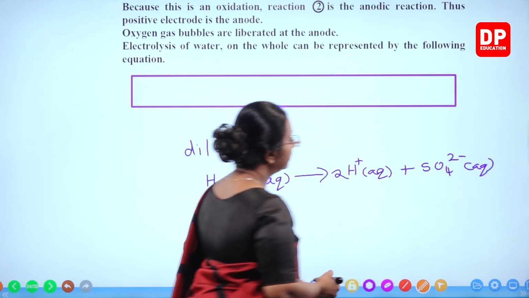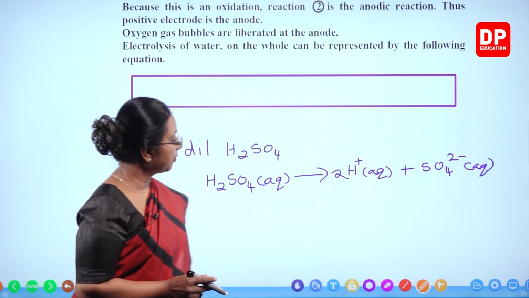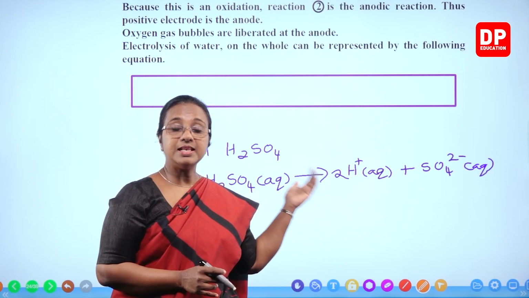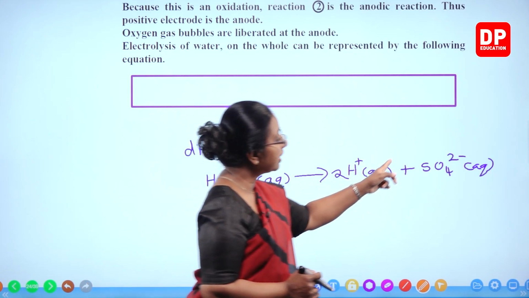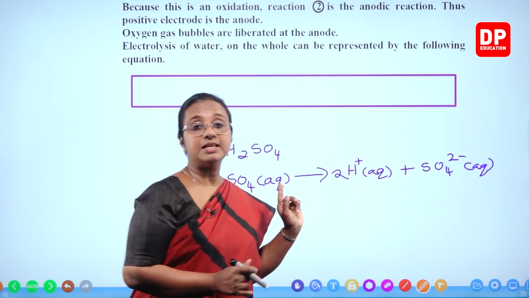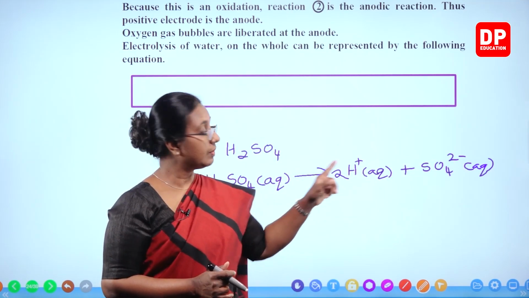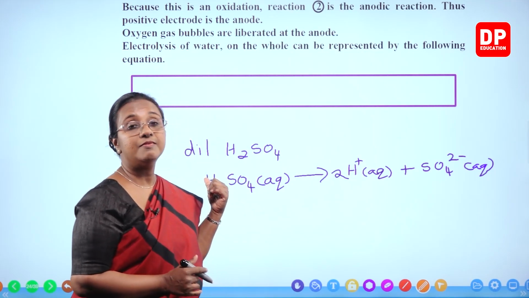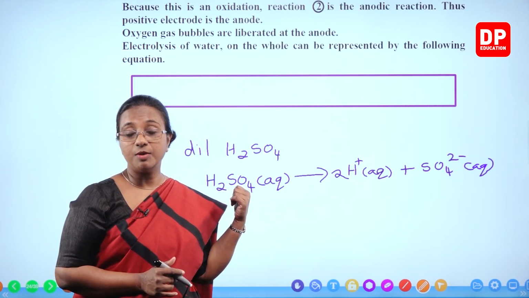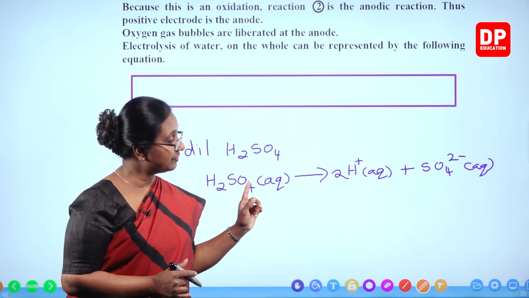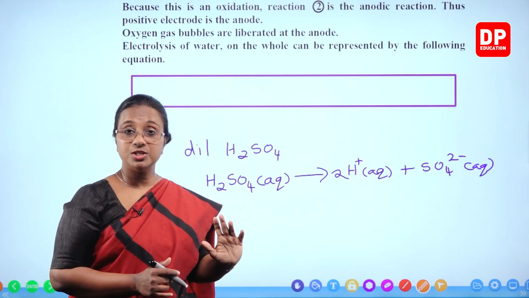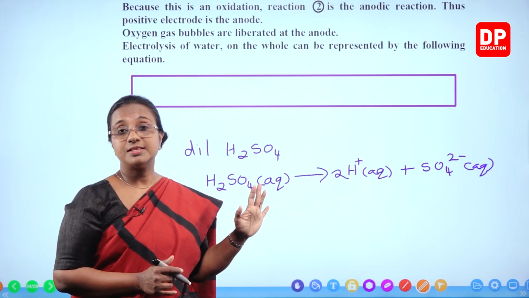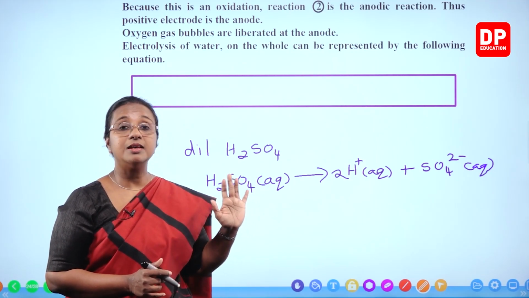So, near the negative electrode, there is no problem. H plus from acid, H plus from water. So, that is what gets reduced. But there are two negative ions in the solution. One is sulfate ion, the other one OH minus ion coming from water. Out of that, you are familiar with this: OH minus ion has the tendency to get oxidized.